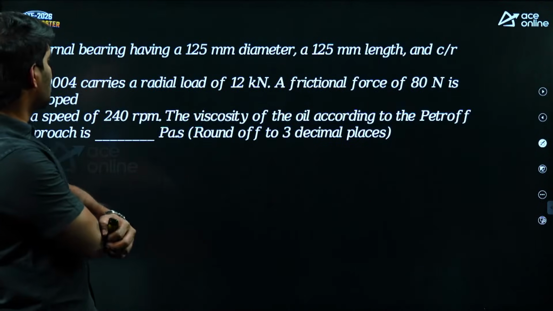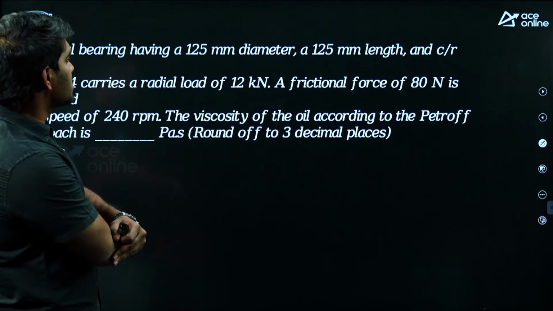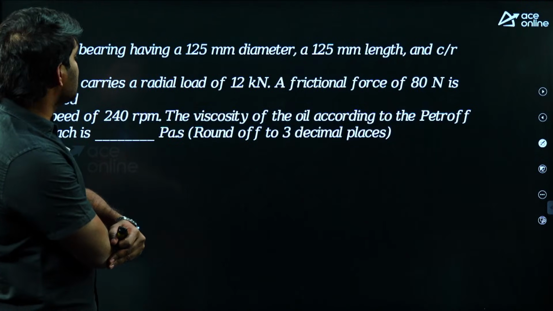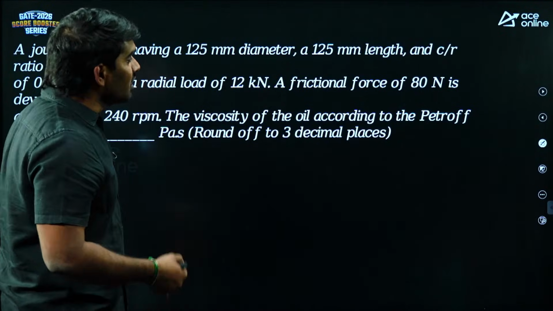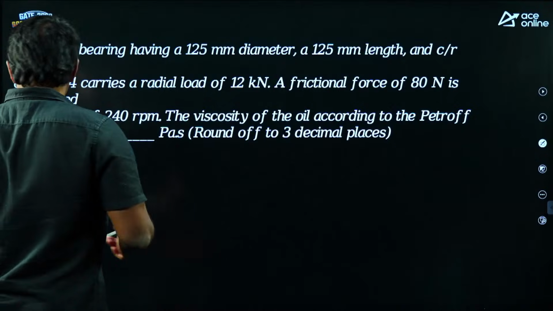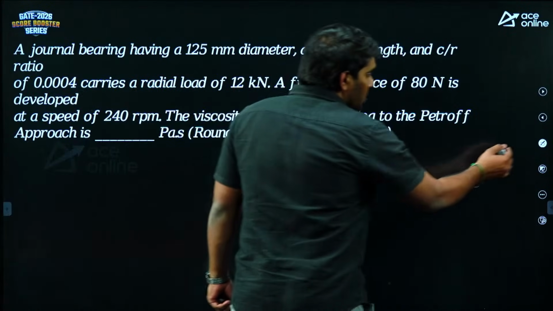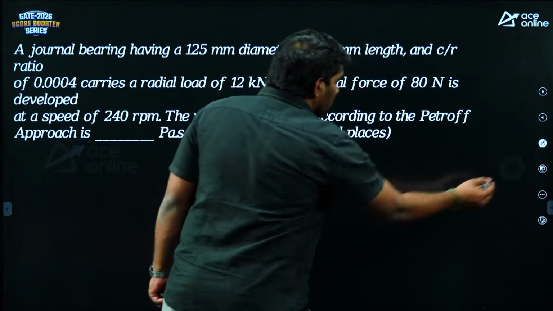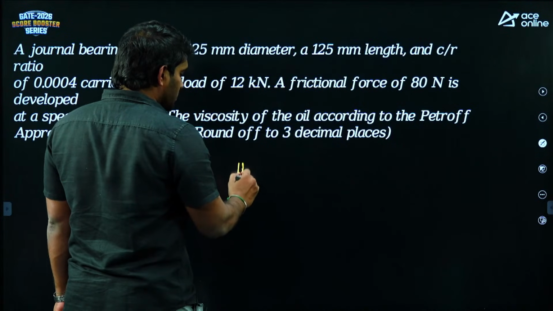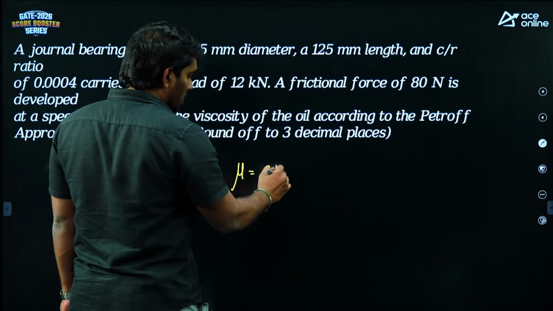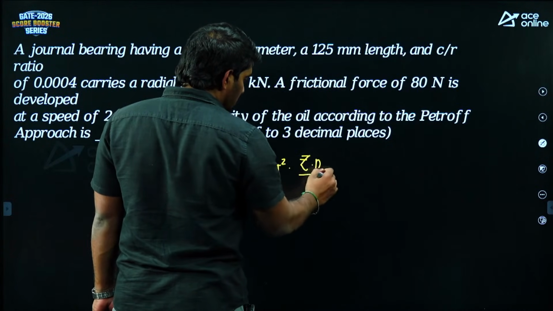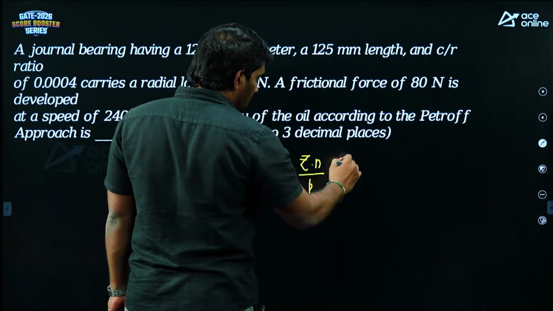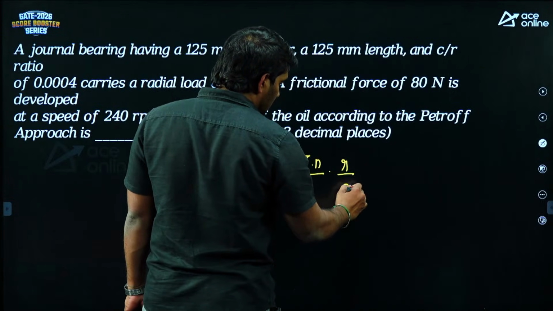Here he gave the frictional force, okay, and he also said how much the radial load applied is. Now here we know, so what is the equation according to Petrov? So we know that mu is equal to 2 pi square into Z n by P into R by CR.